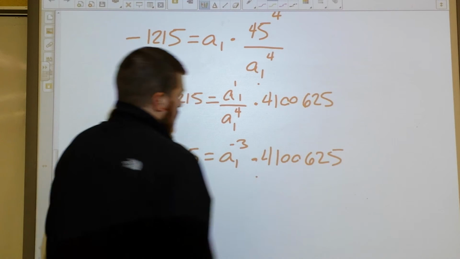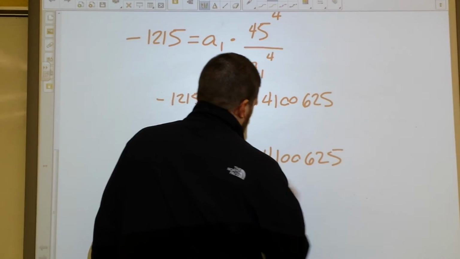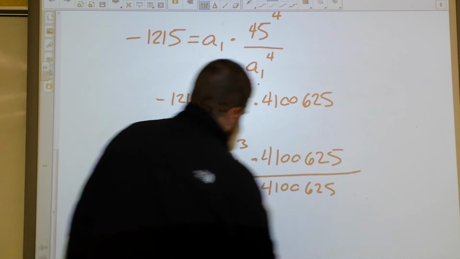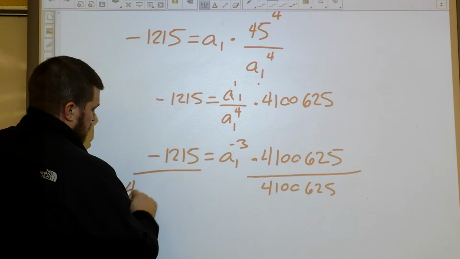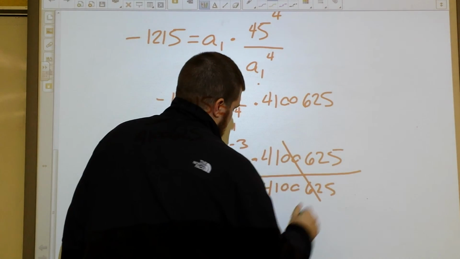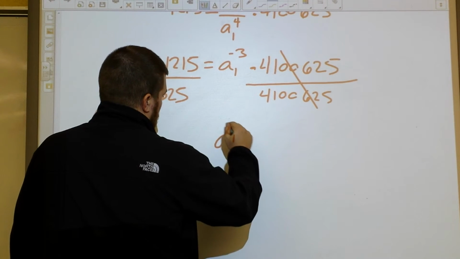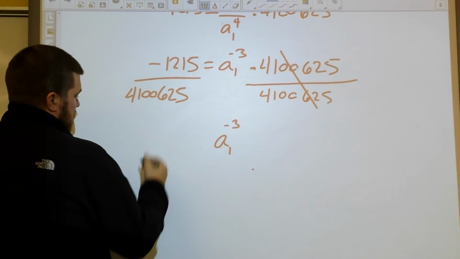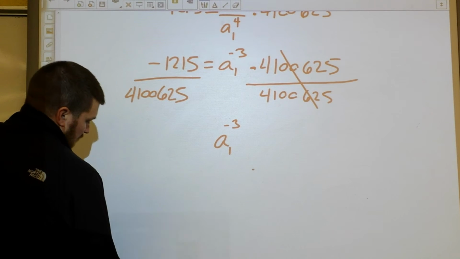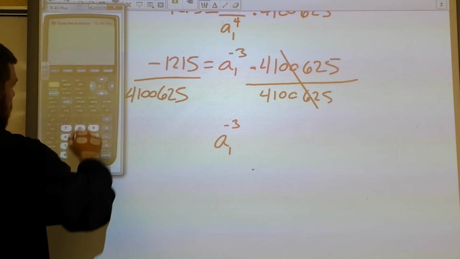4,100,625. Now, I want to get a sub 1 by itself, so I'm going to actually divide by 4,100,625 on both sides. Cancel out. So I have a sub 1 to the negative 3 power is equal to, let's get whatever fraction this is. I'm just going to use my calculator. Hopefully that fraction will reduce some. We'll see.